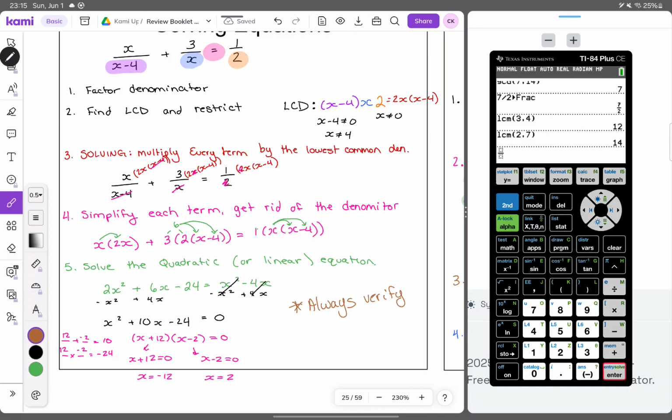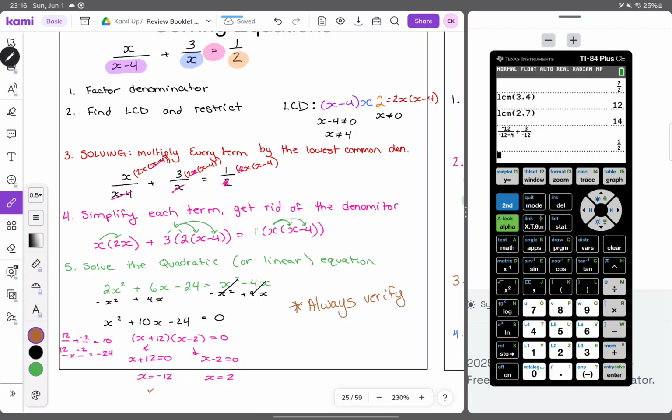So let's say x is negative 12. So we're going to have negative 12 over negative 12 minus 4 plus, using our fraction button, 3 over negative 12 equals 1/2. There we go, verified, that one's good.